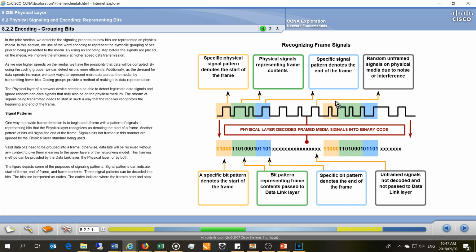So then we come to the next frame, and we can see this is the start of the frame, and there's the representation of the data, the framed information, and there is the end pattern. So don't forget that within the entire bit stream, there might be parts of the signal which are useless, and that often is represented as noise, or it's comprised mostly of noise.